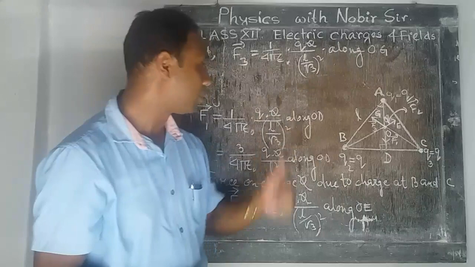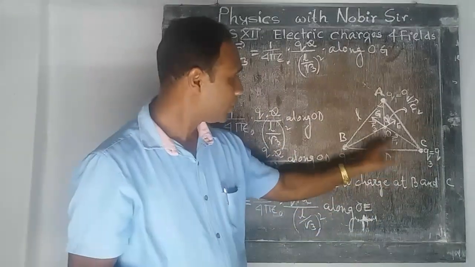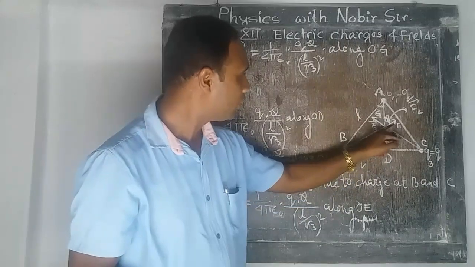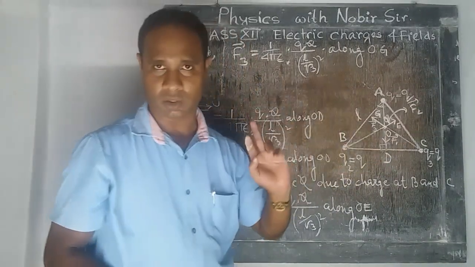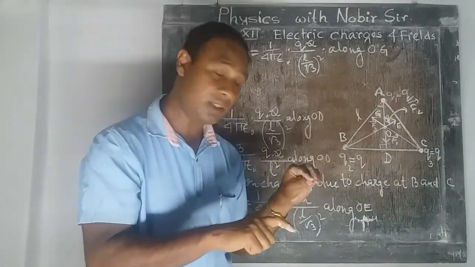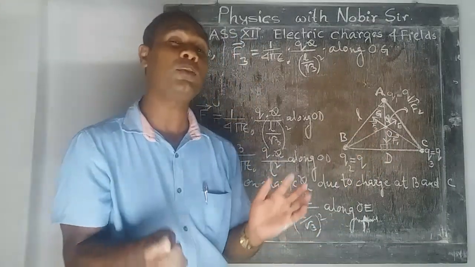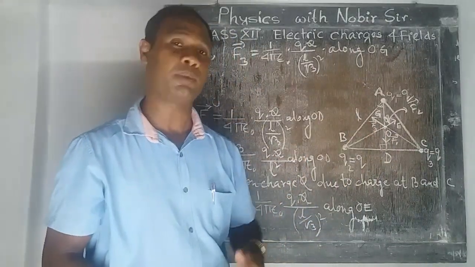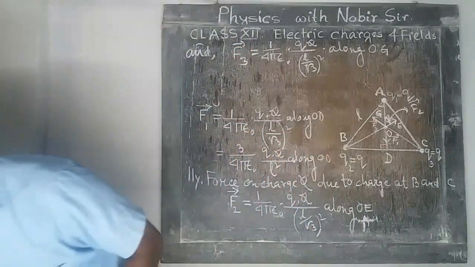Now we have three forces: F1 in the OD direction, F2 in the OE direction, F3 in the OG direction. On the charge Q, three forces will apply. Now what will be the net force? We have to calculate this. To calculate the net force we have to use the parallelogram law of vector addition.